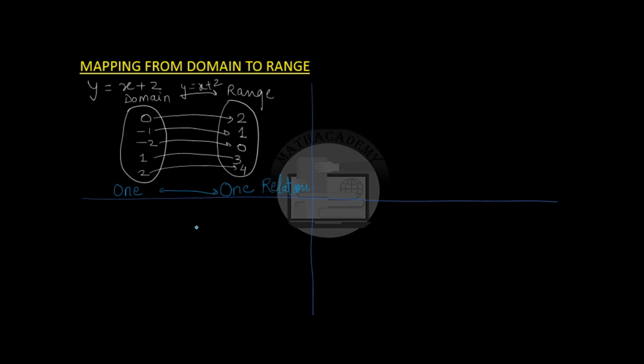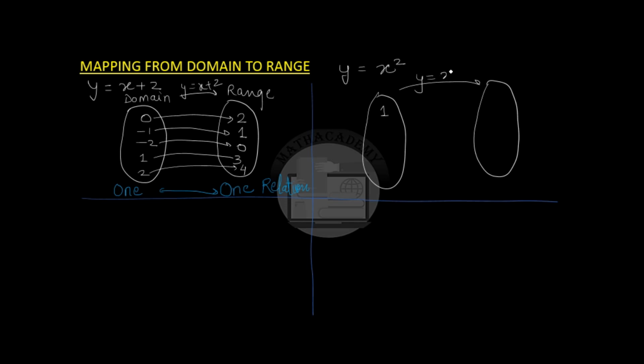Now, let us see another example. Now we will take y is equal to x square. Please note that if x is 1, then the corresponding value of y, following the relation y is equal to x square, will be 1, since 1 square is 1.